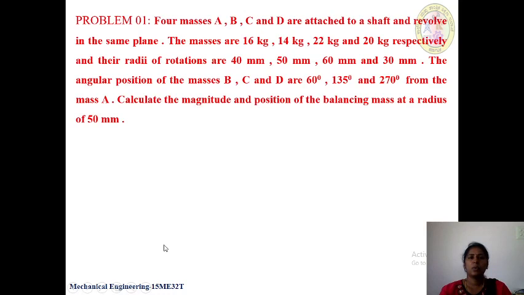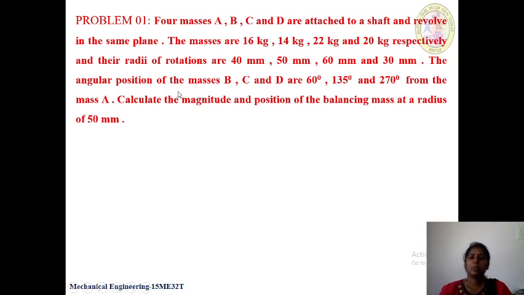Let us discuss one problem. The four masses A, B, C and D are attached to a shaft and revolve in the same plane. The masses are 16 kg, 14 kg, 22 kg and 20 kg respectively, and their radii of rotation are 40 mm, 50 mm, 60 mm and 30 mm.